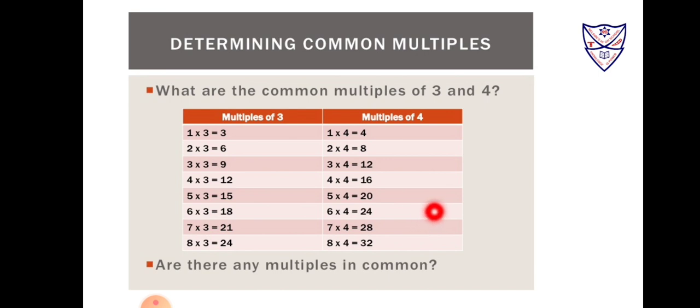So can we see any common multiples from these two? Which are the common multiples? 12 is a common multiple because 12 is there in both the tables. Is there any other common multiple? Yes, 24 is also a common multiple of 3 and 4.